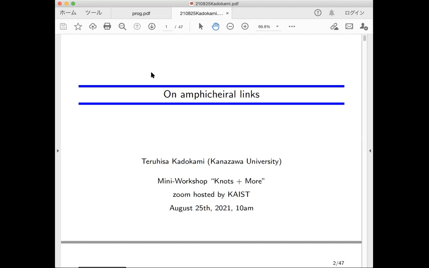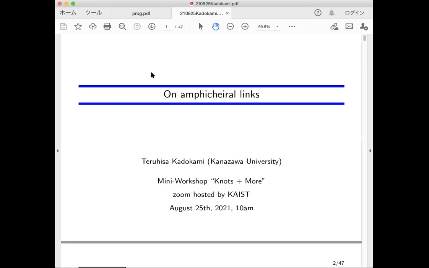Then if the total linking number plus n is even, the multivariable Alexander polynomial of L with every variable equal to -1 is equal to 0.